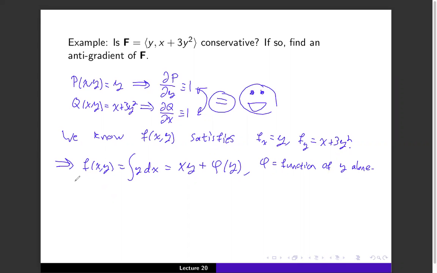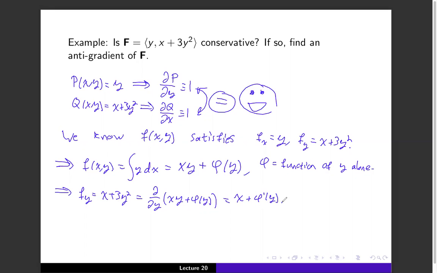Now, what else can we say? Well, if we differentiate that with respect to y, we know that f_y is x plus 3y squared. We also know that it would be the partial derivative of xy plus phi of y, which would be x plus phi prime of y.